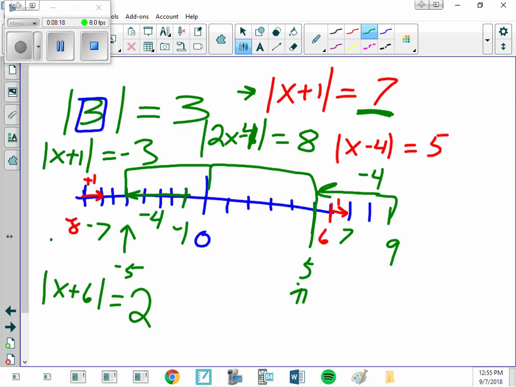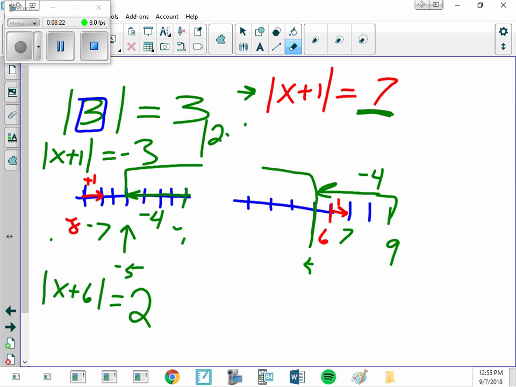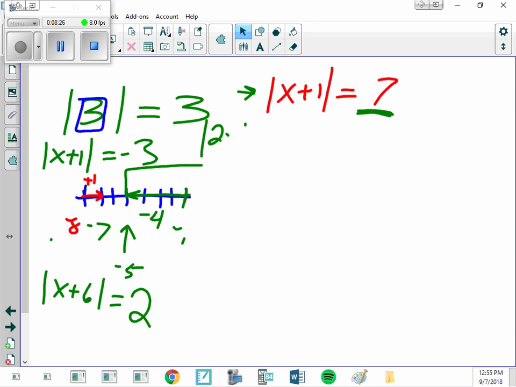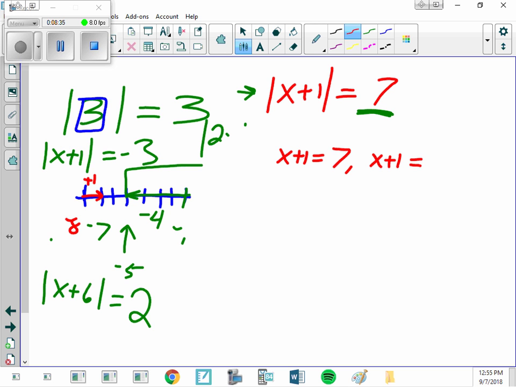So I basically want to know, when does x plus 1 equal 7? And when does x plus 1 equal negative 7? Because if x plus 1 equals 7, then that answer is 7 units away from 0.